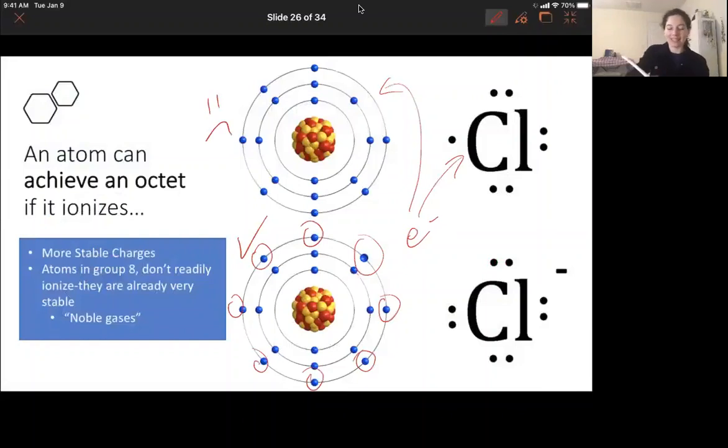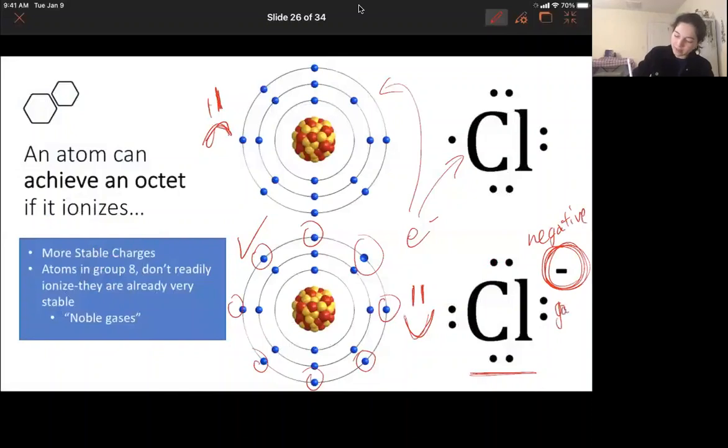Happy, this guy's sad. And then we make it happy. All right, so it's more favorable for it to ionize. If we look at the Lewis structure here, you see now it's got 8 electrons in its shell. It's got a negative charge up here because it gained an electron.